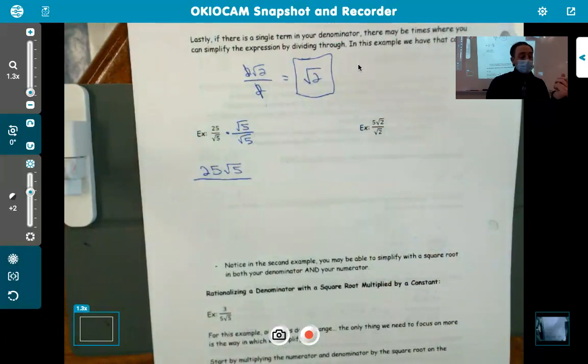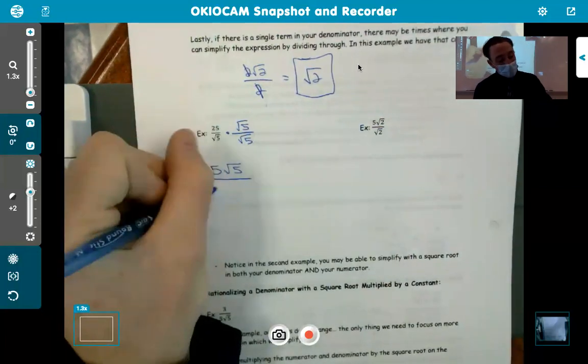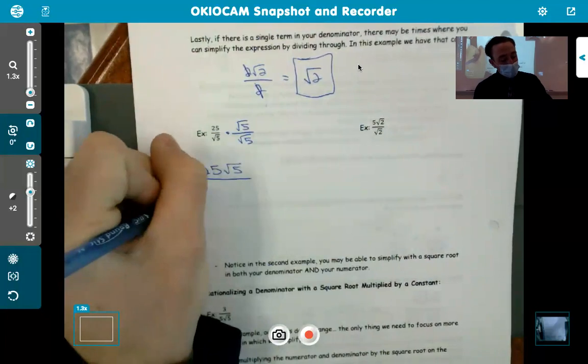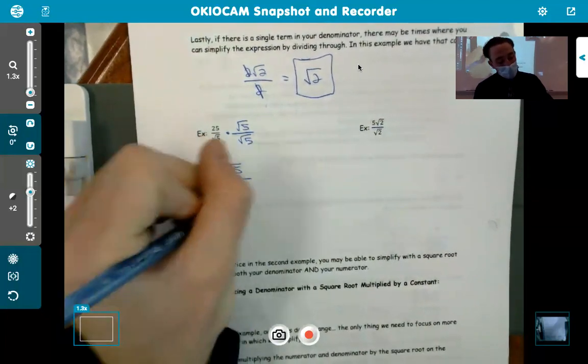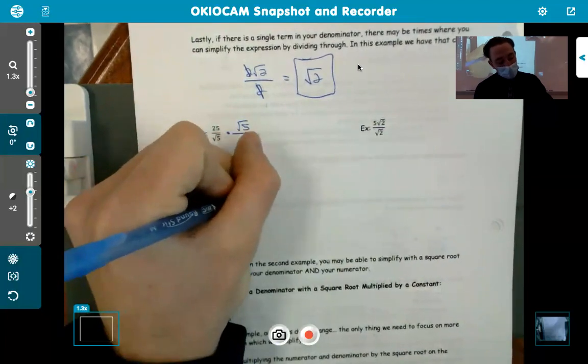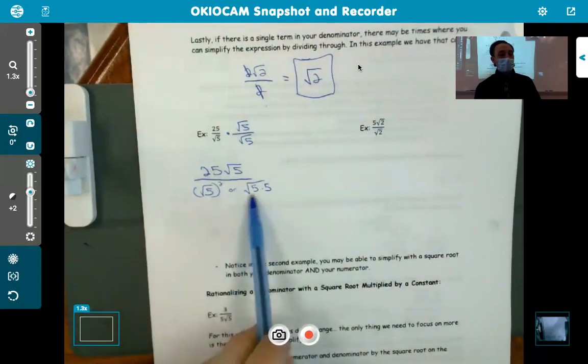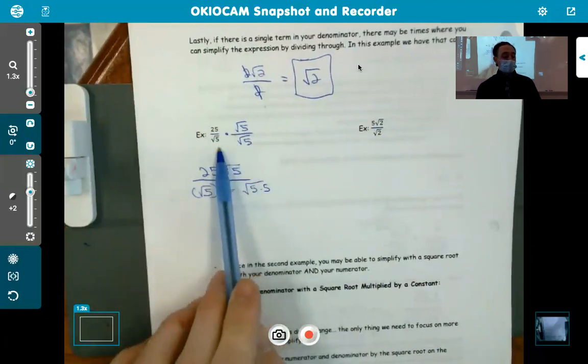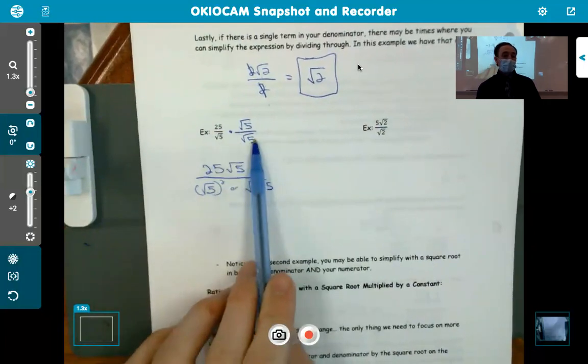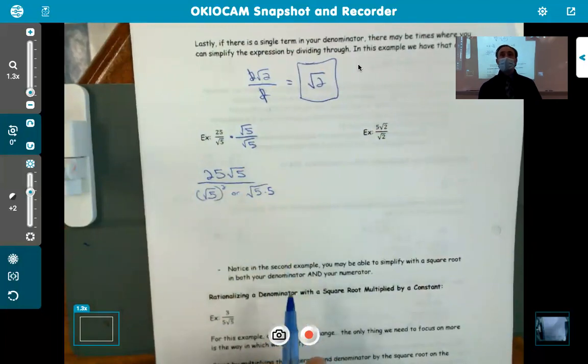And what's going to happen in my denominator? So you can think of it one of two ways: square root of 5 squared or square root of 5 times 5. Either way that you think about this, it's the same thing. How is my denominator going to simplify when I take the square root of 5 and multiply it by the square root of 5?